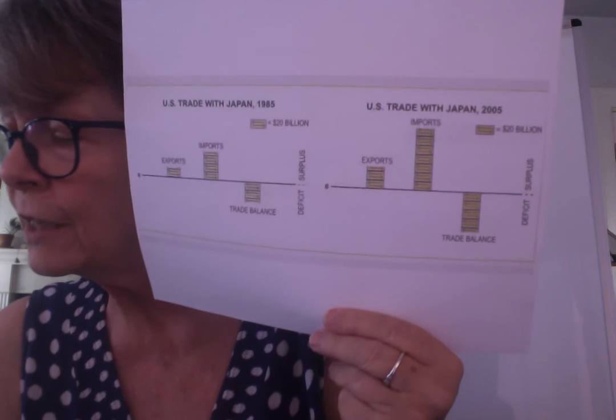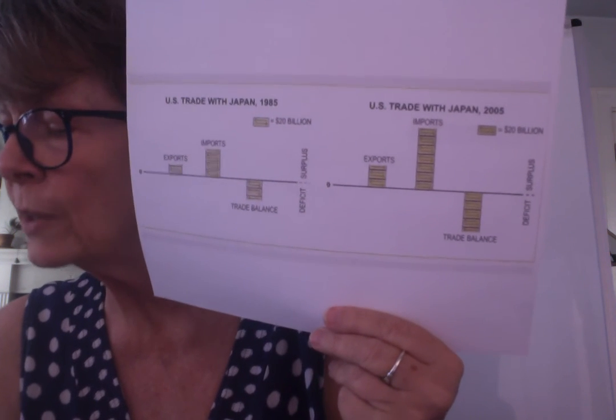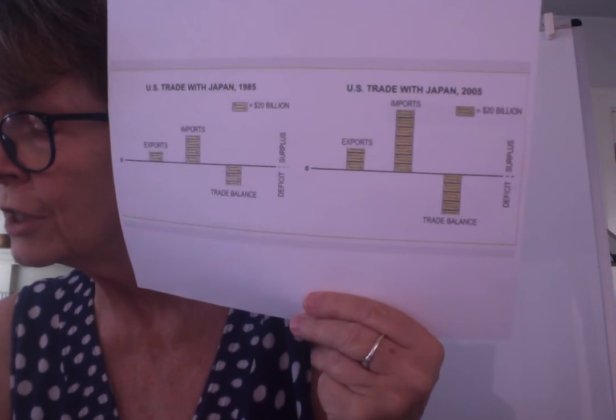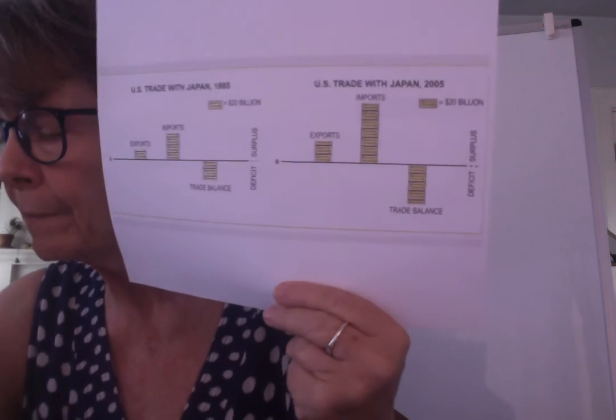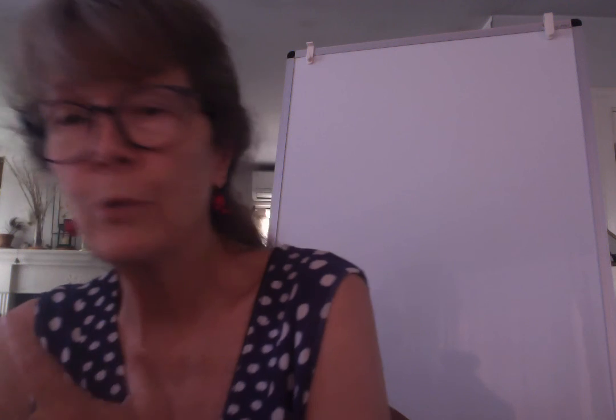Number 17, in which of the following ways might the U.S. government seek to change its 2005 trade balance with Japan? Okay, we can't answer this question particularly from the information that we have here on this graph.